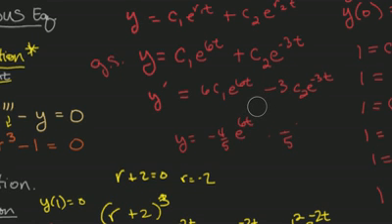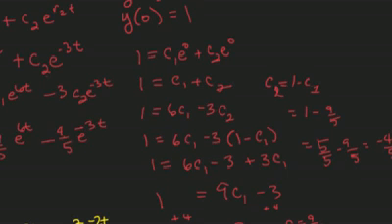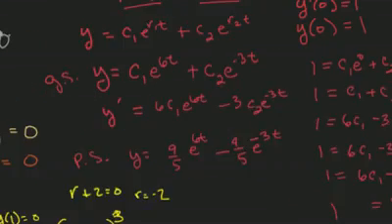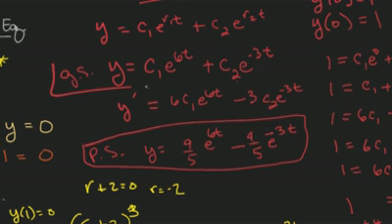Actually, it does matter, because your c1 is associated with the 6t exponent, so it would be 9/5 here, minus 4/5 there. Okay, so this would be your particular solution. It's early in the morning. Let me double check, make sure I didn't make the same mistake twice. c2 is negative 4/5. All right, good. So that would be your particular solution there. That would be your general solution.